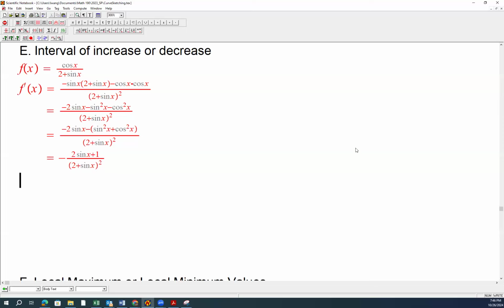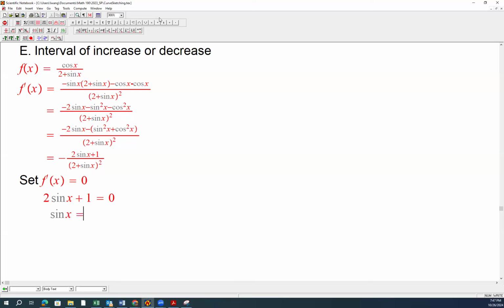So first, let's set the first order derivative equal to 0. The negative sign is not useful here, so the numerator must be 0. If the numerator must be 0, we get sine x equals negative half.